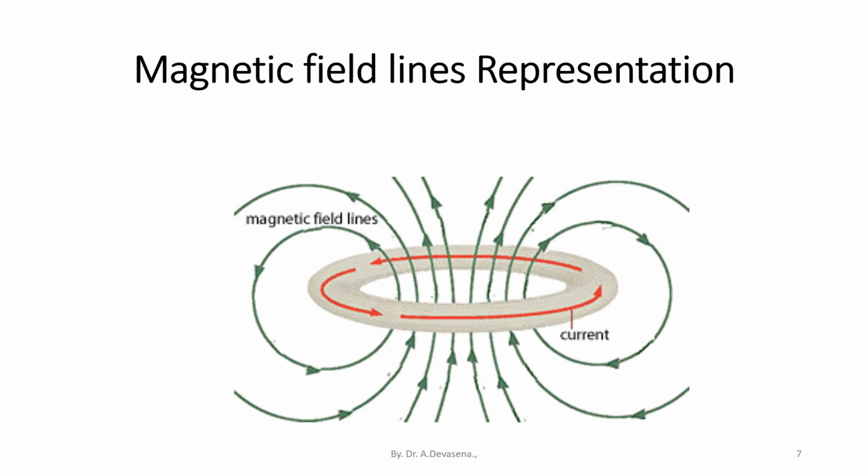Because of the flow of current in the core, magnetic field lines are induced. This is called a flux or a magnetic flux. This is represented in this animation.